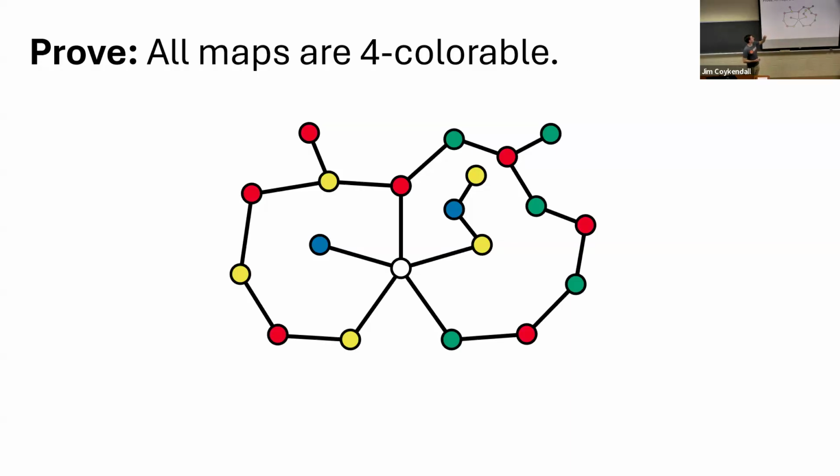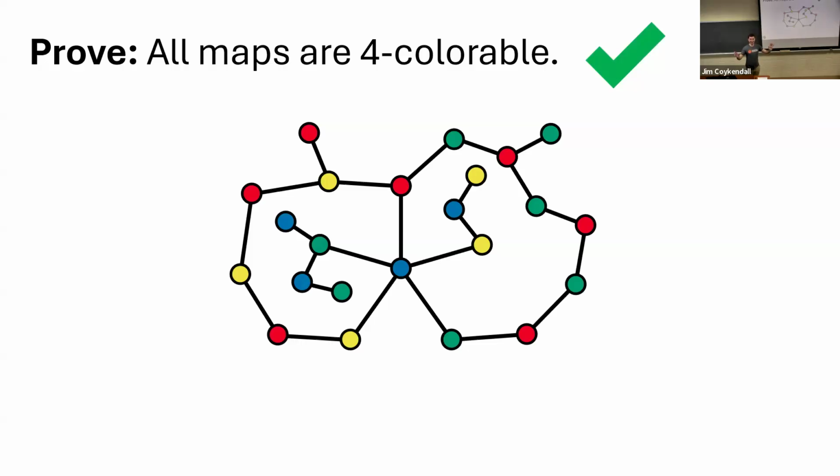So now this one, the blue-green Kempe chain, is confined by red-yellow, so it can't escape, and it definitely won't touch this green. So we can invert it, and now we've freed up blue from everywhere. The middle. Done.